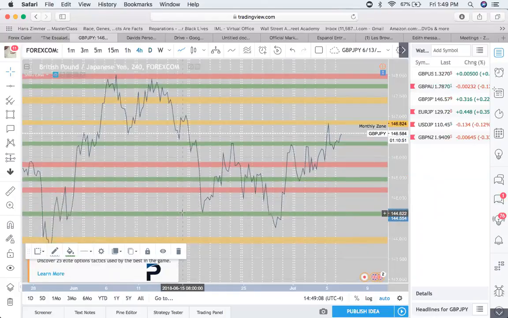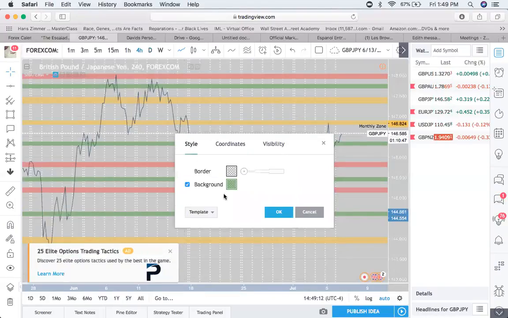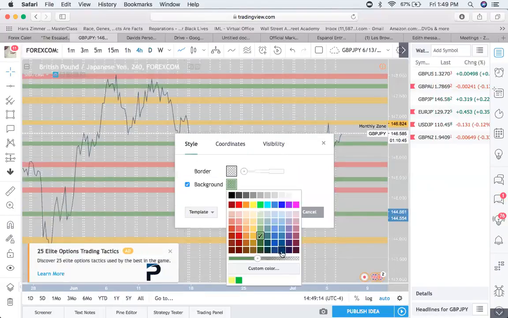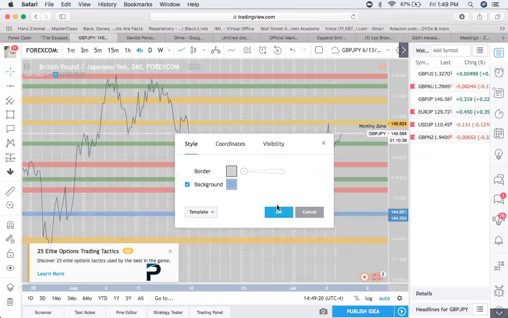So this is going to be a little bit different. For this zone, you're going to click on it. You're going to go to style first. Click on background. You can pick any blue you want. Normally, I pick the third blue from the top. And then once you do that, don't press OK yet. You go to coordinates. And one thing I said about the 4 hour, you would want to make it about 3 to 4 pips in range.